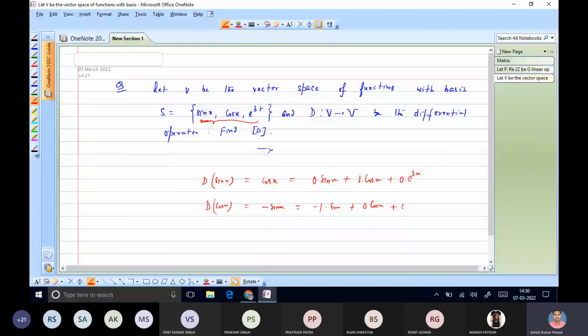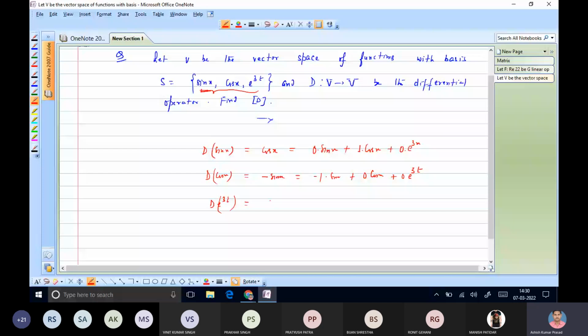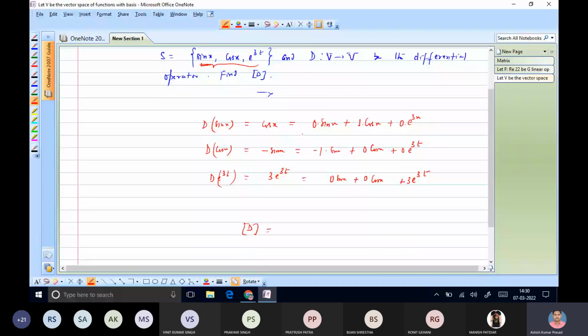Next is e to the power 3t. When you take the D image of e to the power 3t, if you differentiate, you will get 3 times e to the power 3t. So 0 into sin x plus 0 into cos x plus 3 into e to the power 3t. Now from here, I can write the matrix representation of D. All the coefficients I will write column wise.